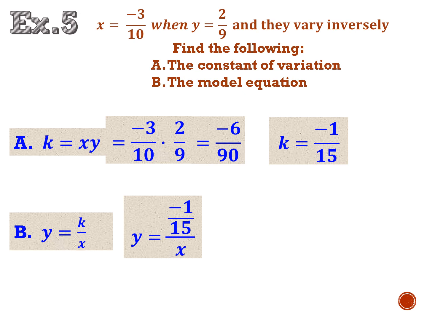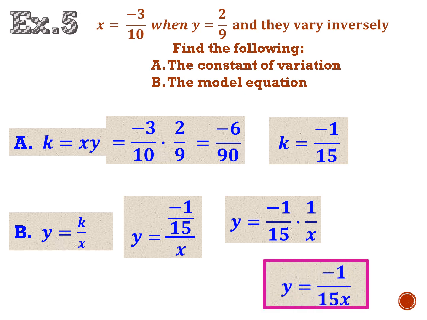We want to completely simplify those down. So, if you remember from what we did above, that's like -1/15 times 1 over x. Because remember, dividing fractions, don't ask why. Flip the second and multiply. So, flipping the second, or in this case, the denominator, x over 1 becomes 1 over x. So now we can multiply the tops, multiply the bottoms again, and we're left with y equals -1 over 15x.